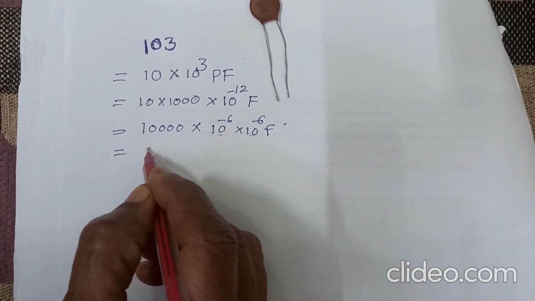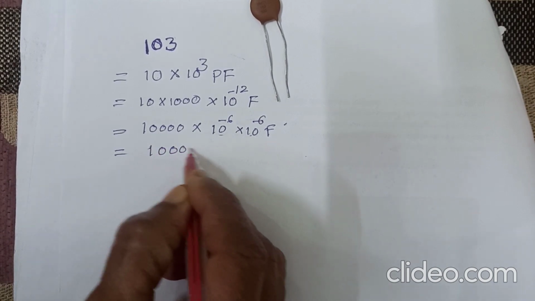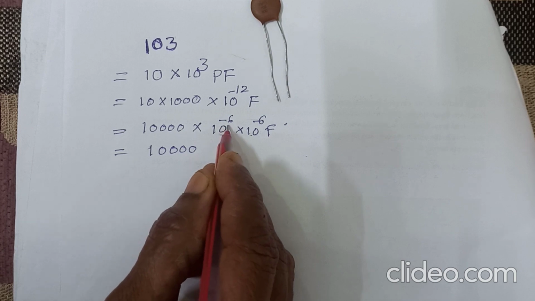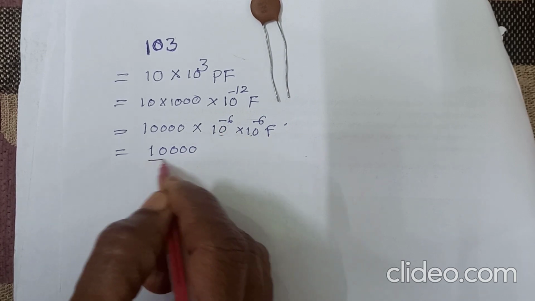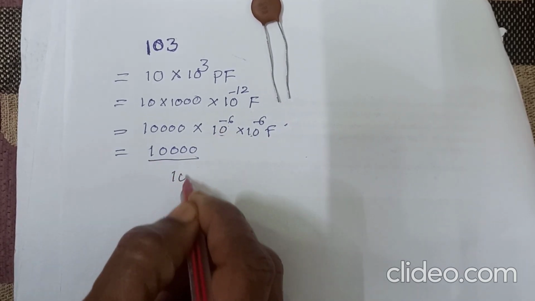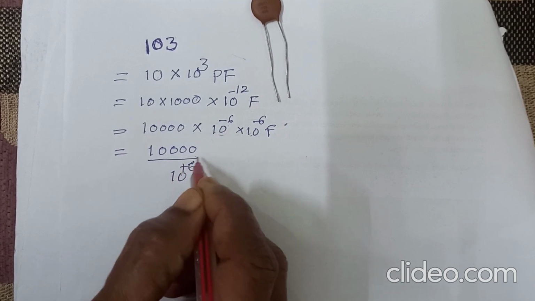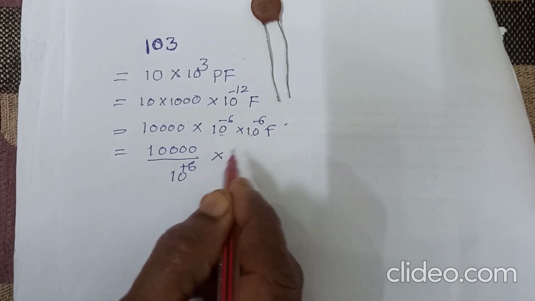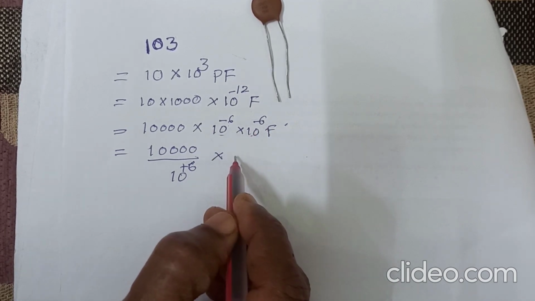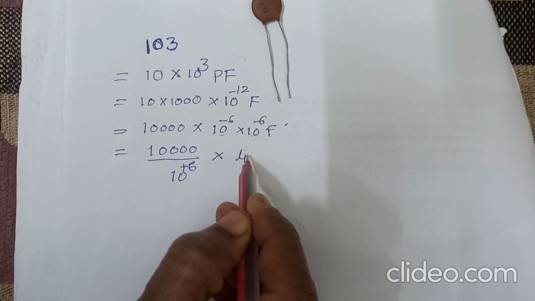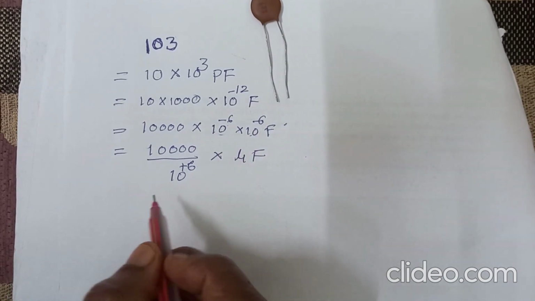Next, 10,000 I'll write as it is. This 10 to the power minus 6 I'll bring down, and 10,000 divided by 10 to the power 6 becomes 10 to the power minus 2 into 10 to the power minus 6, which is nothing but microfarad.